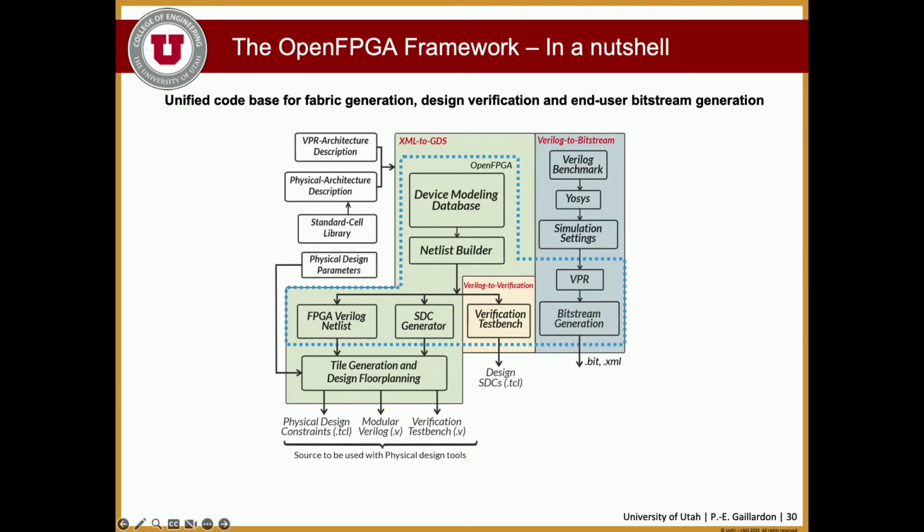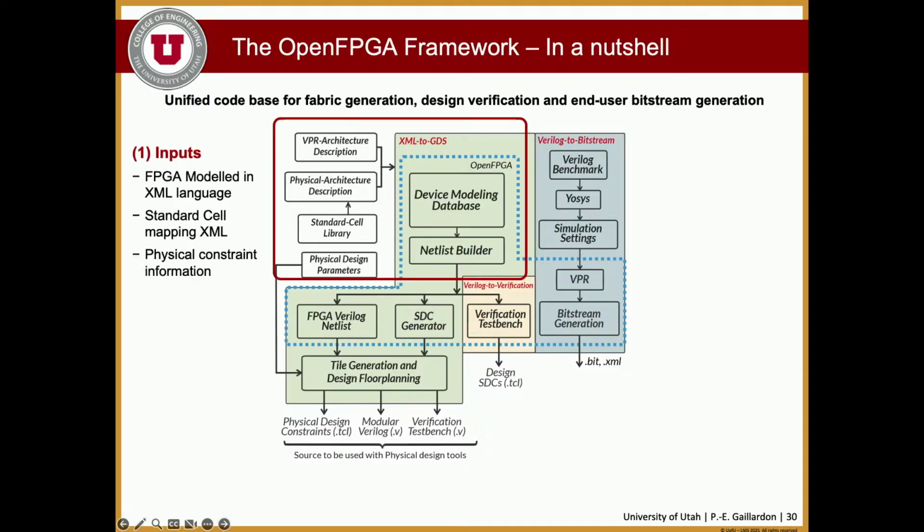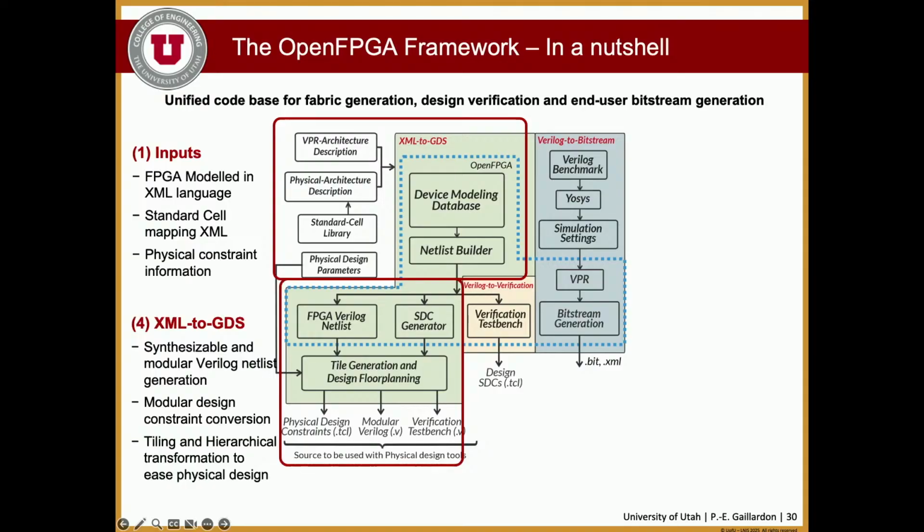In other words, I can model any type of FPGA, I can represent it internally, I can map applications to it, I can generate configuration files for that fabric, and I can also manufacture that fabric, physically implement that fabric on silicon. That's a pretty convoluted slide, but in principle, there are a couple of blocks I'd like to highlight. We have some input sections where we do everything on a fairly high level with an XML language. You just describe the topology you're interested in for your FPGA. We have an engine that helps us take this high-level description and implement an actual chip out of that.